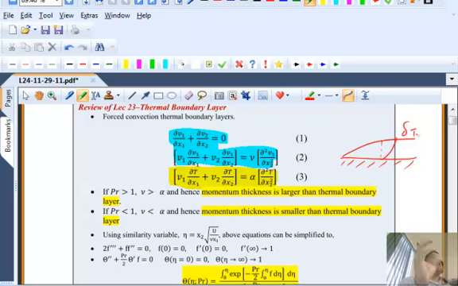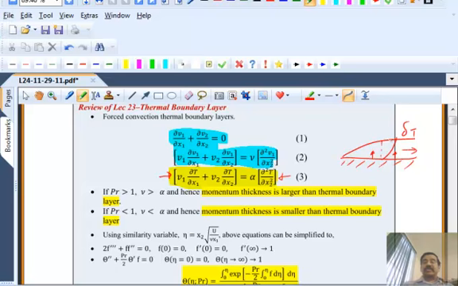The two effective mechanisms that balance are the convection mechanism that is captured on the left-hand side in the flow direction and the conduction mechanism that is captured on the right-hand side in the normal direction. So heat is being conducted in the normal direction and it is being carried away in the flow direction. So these are the two balancing terms.